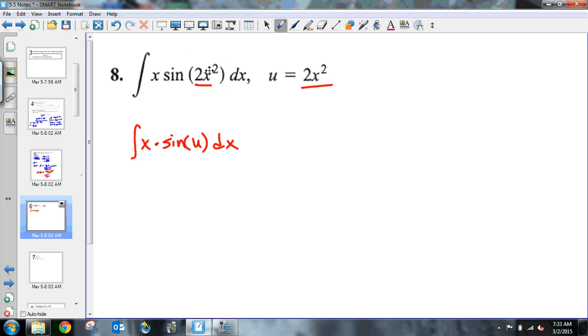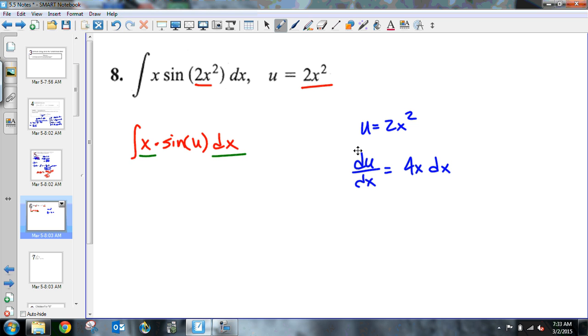But I notice that I have this function 2x squared and I have this other function x and dx, and x is a form of a derivative of my inside function for u. So I can say that u is equal to 2x squared, and then take the derivative of this, and I get that du/dx is equal to 4x dx.